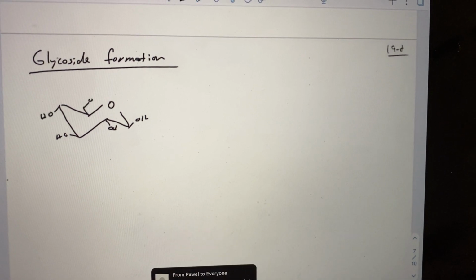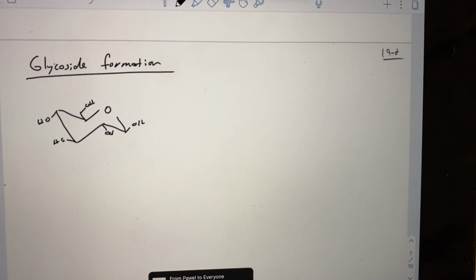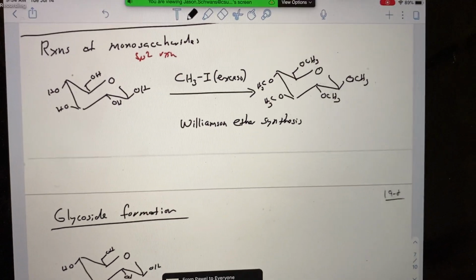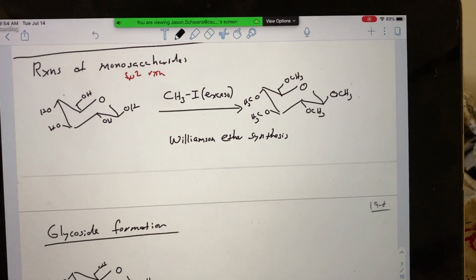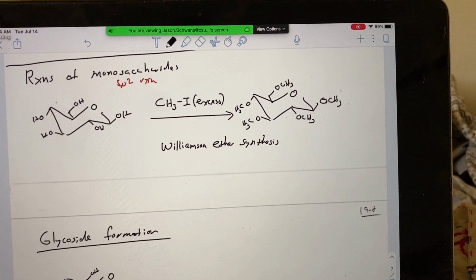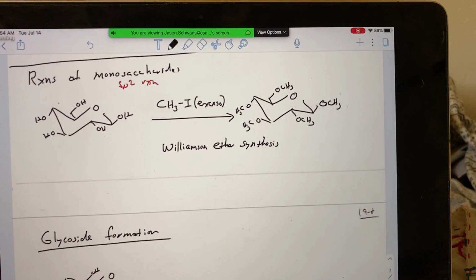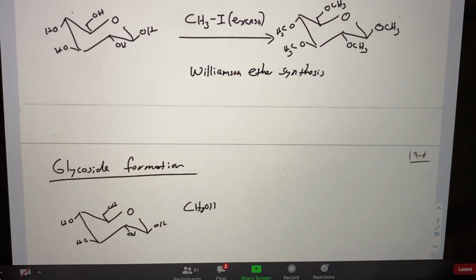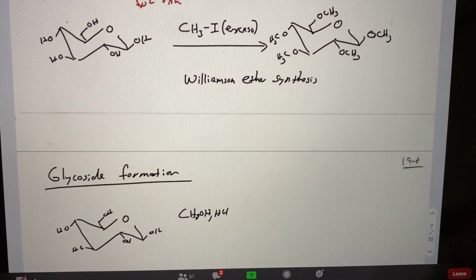So same starting material. Now, as we have our glucose on the bottom here, we're going to react this with methanol in the presence of hydrochloric acid.